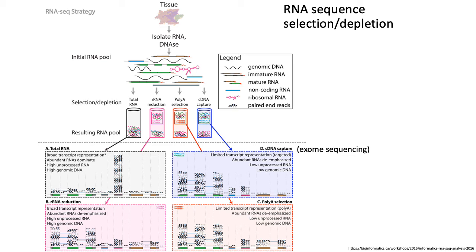And so another application of cDNA capture is basically when you have a lot of heavy degradation of RNA from fixed samples. And so in those cases, this approach is basically more sensitive to picking up transcripts than general poly-A RNA sequencing.